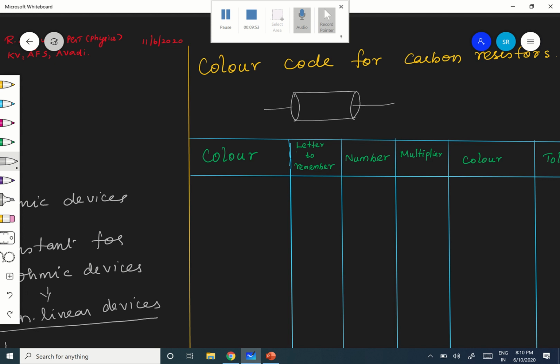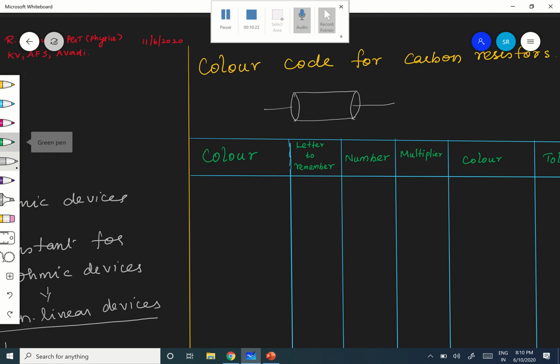Here we are using color codes. Now we are going to see how to know the resistance of this resistor. For that, several color codes are used. Usually there will be three colors.